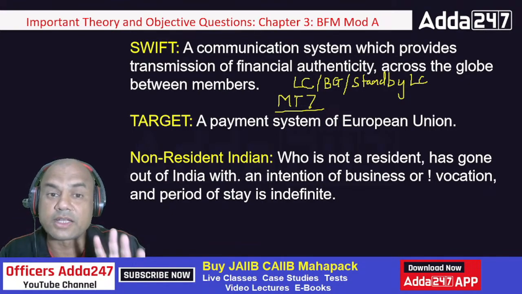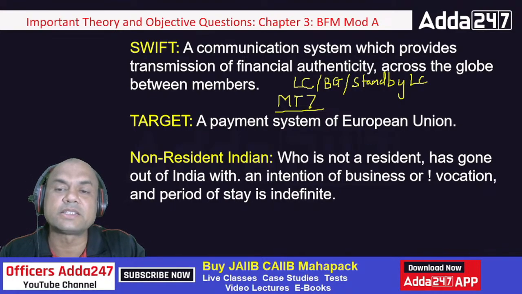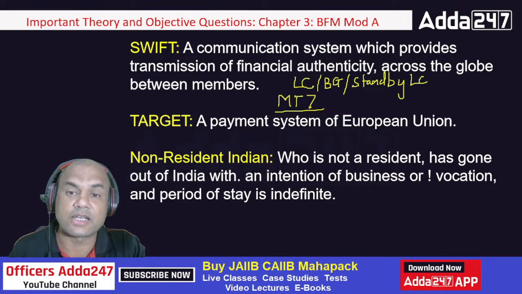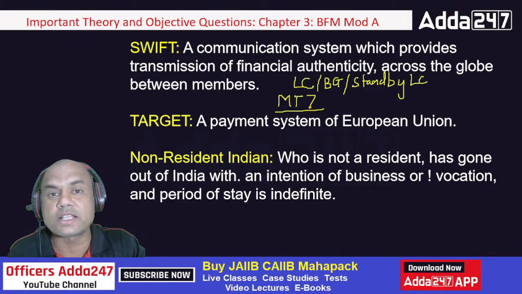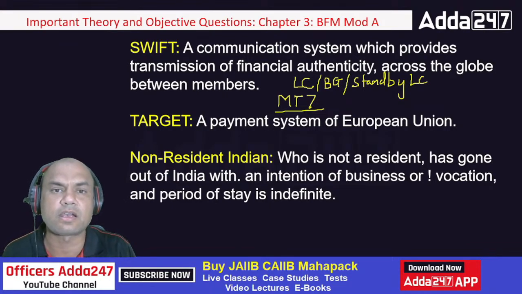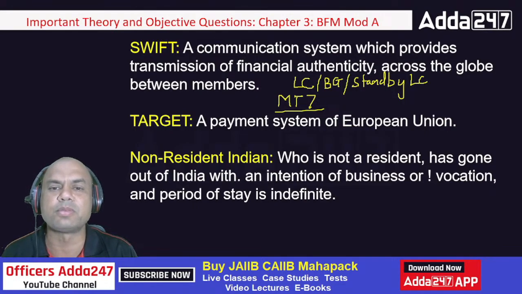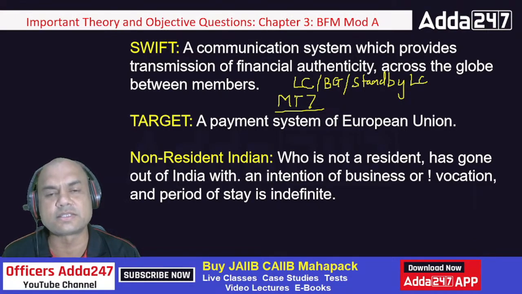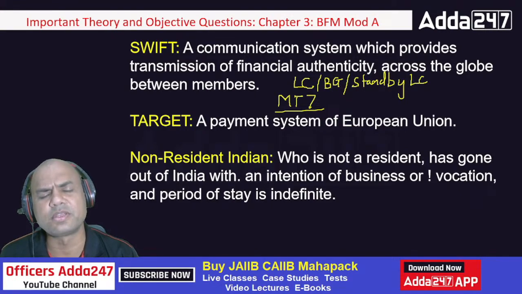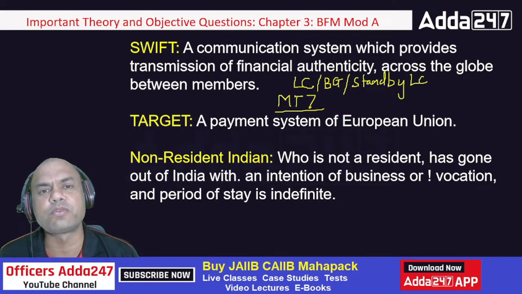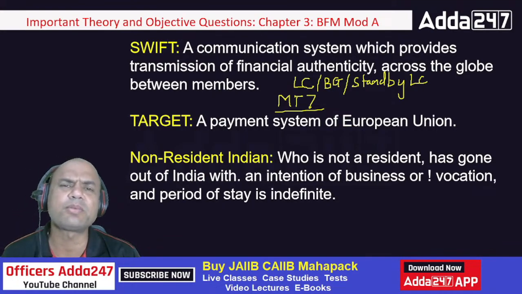If the message is received by the bank, it will consider that yes, you have done it. So that is SWIFT communication, a communication system which provides transmission of financial authenticity. That's why the bank will not ask back whether you have sent this LC. I'll give you a simple logic behind this. If some bank in India has sent an LC to some bank in the USA, how will the USA bank check back?